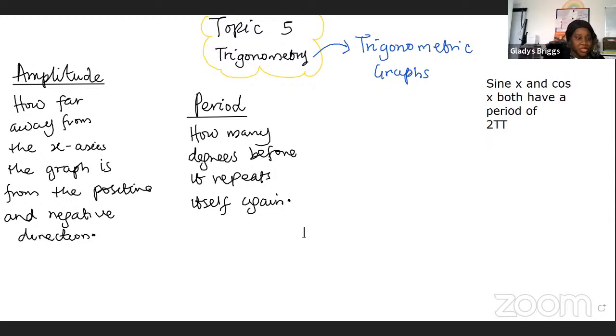Okay, so you should have everything on my board written down in your book for me. And 2 pi is the same thing as 360 degrees.